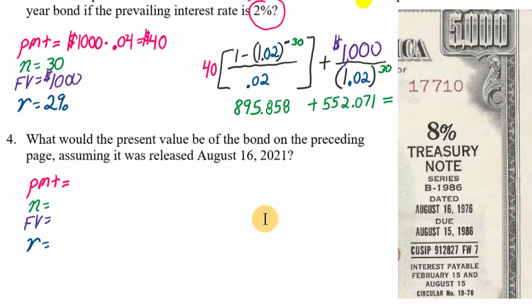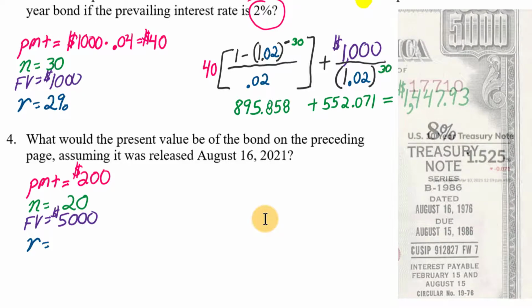The payment was $200 every 6 months. And so N is 10 years times 2, since we're talking about semi-annual payments, 20 six-month periods. The face value of that bond was $5,000, which will be returned to you at the end of the 20 six-month periods.